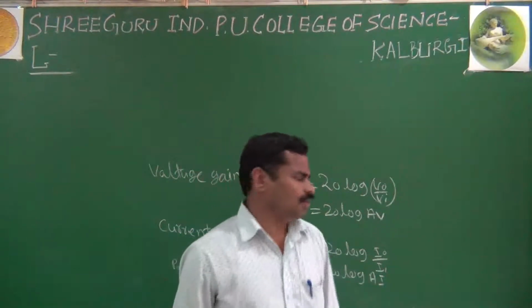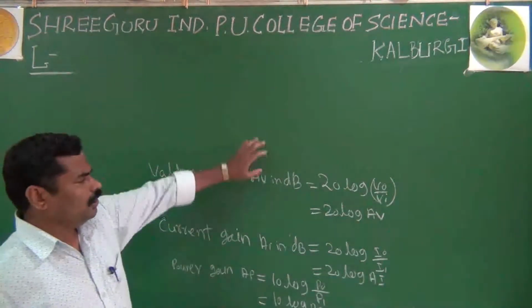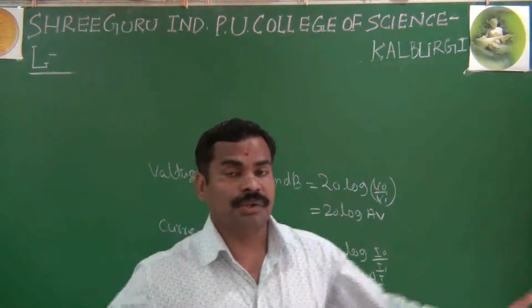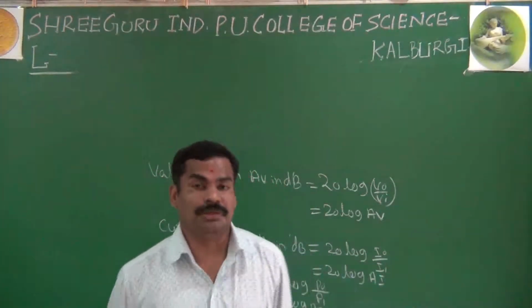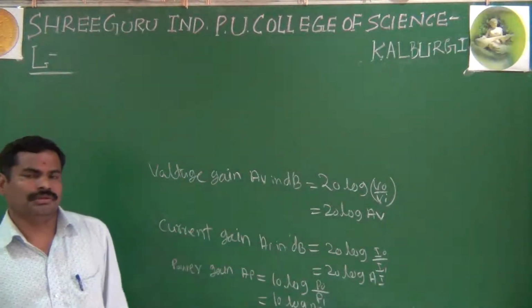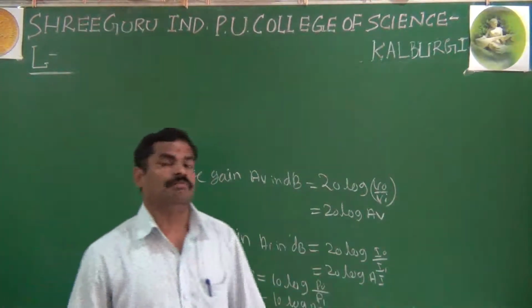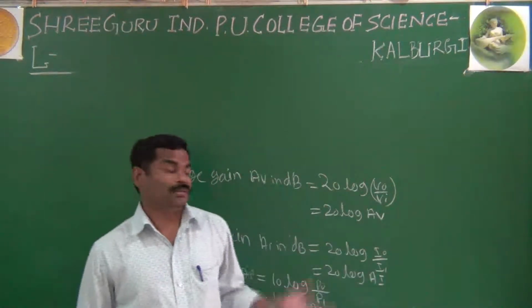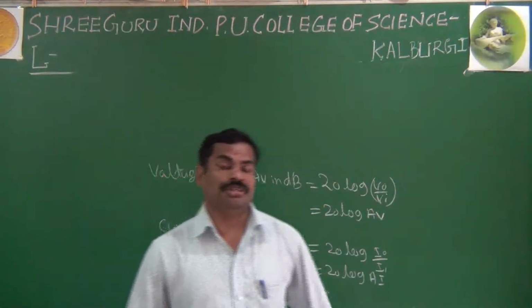Now I said about the importance of decibel. Other than gain, where are you using this decibel? To measure the gain, you are using the decibel or bell. And another parameter: we are going for the amplifiers. We are measuring the gain.